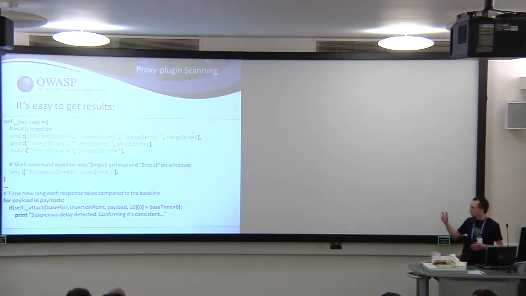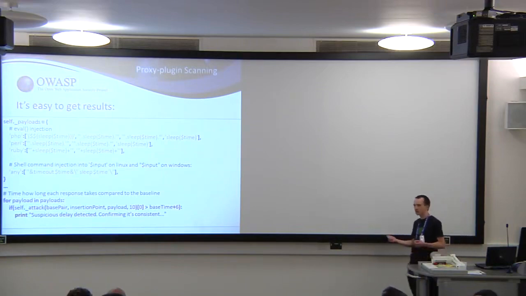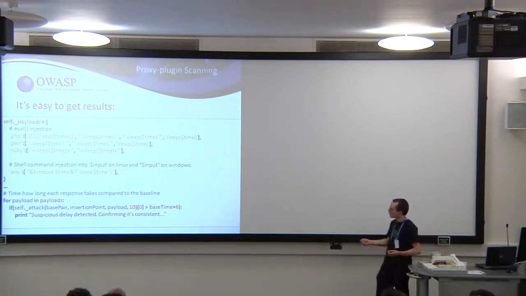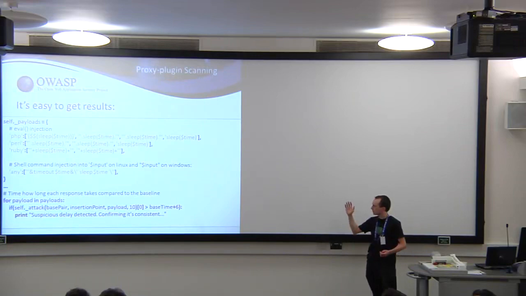So those two key differences redefine what information is useful and how easy it is to get that information. And the result is that it's very easy to find serious issues without writing much code for it. For example, that's the majority of the code that I wrote to detect when eval is being called on user input.